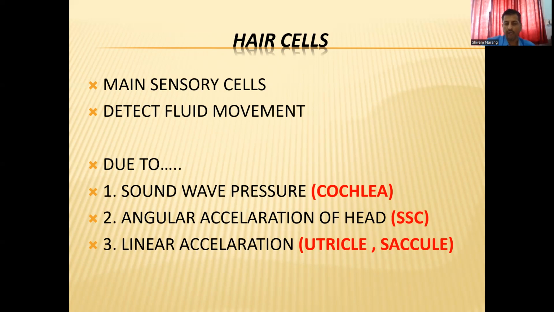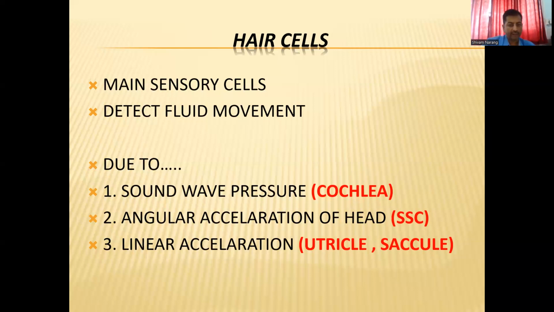If our ear is presented with a sound wave, this will cause movement of the inner ear fluids, and it is judged by the hair cells present in the cochlea, and the central nervous system further judges that and responds accordingly.